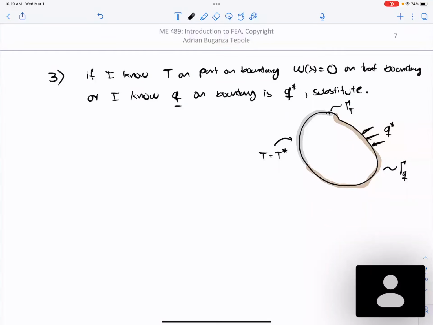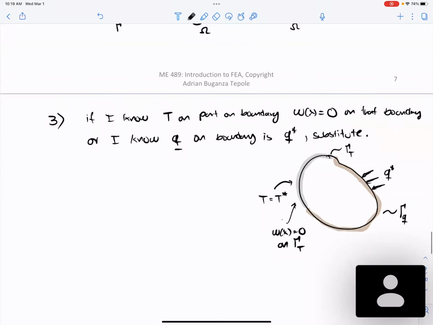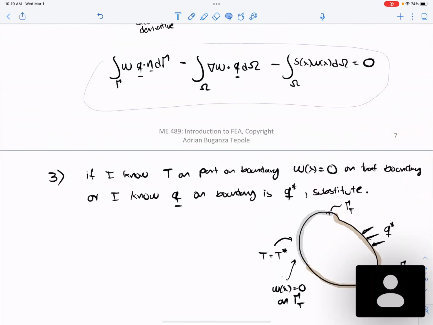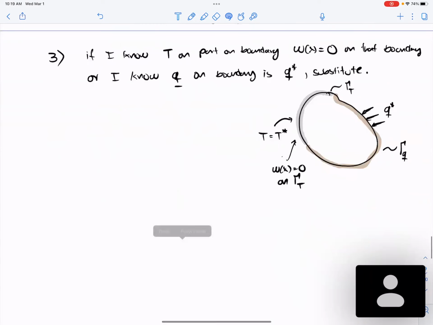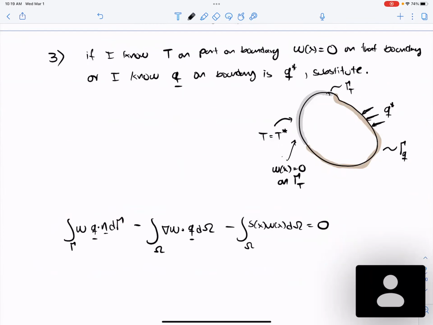Okay, so W equals 0 on gamma T. So what that means is that if I go back to my weak form, I only need to care about the part where only the normal component of the flux matters. So W equals 0 on gamma T, so I don't need that part of the integral.